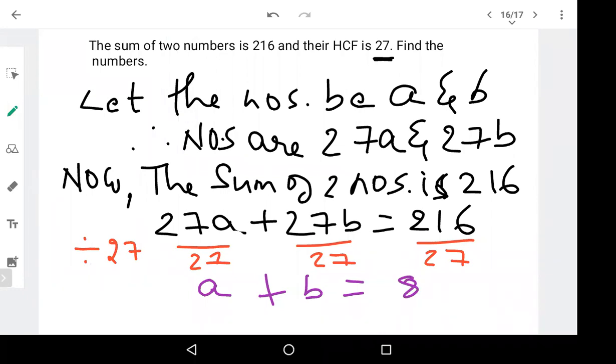So this is my simplest form of the equation. This was the first equation, the second one is the simplest form of the equation. Correct, 216 by 27 is 8. Now, what are you supposed to find out? Until here, everybody understood before I continue?